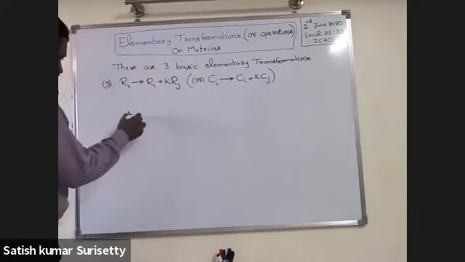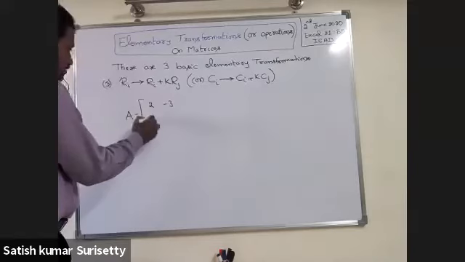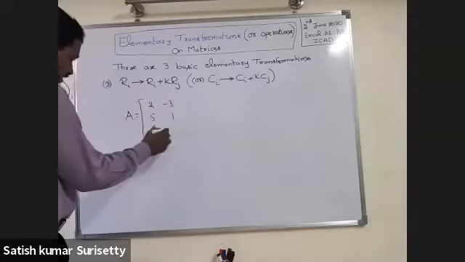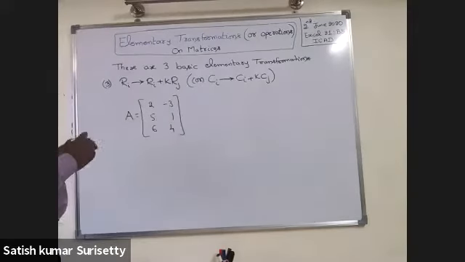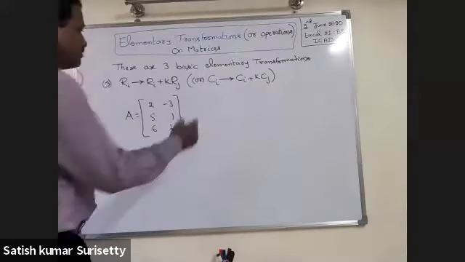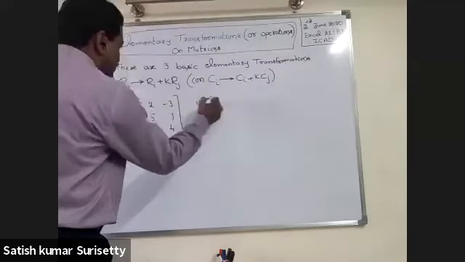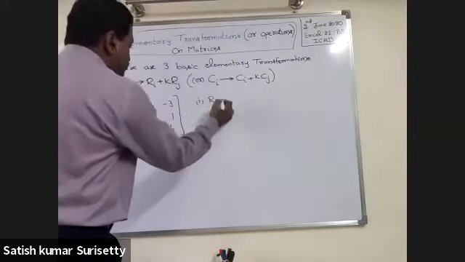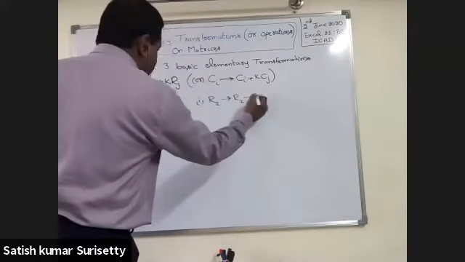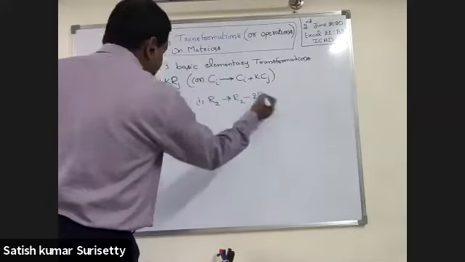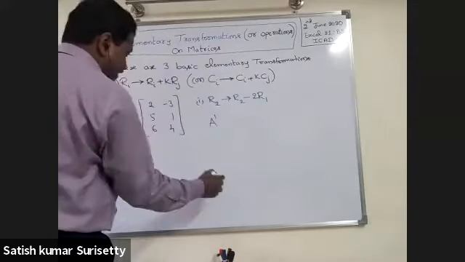Example, A equal to 2, minus 3, 5, 1, 6, 4. Let us apply the operation on A as R2 to R2 minus 2 R1 and write the new matrix A dash.